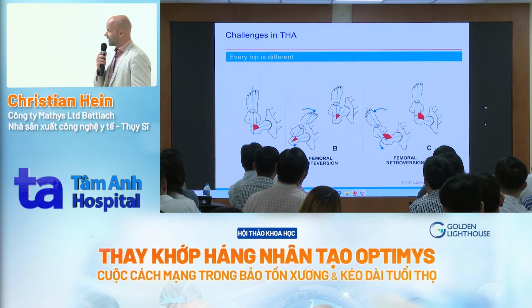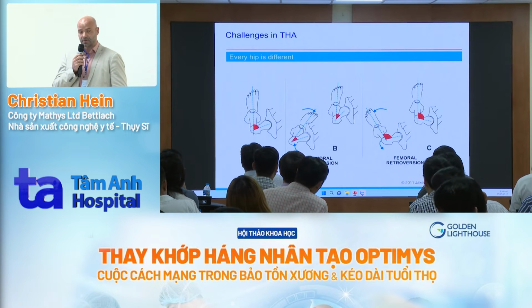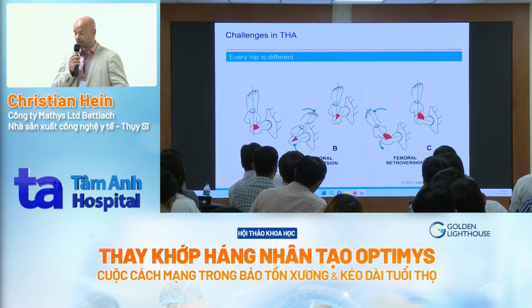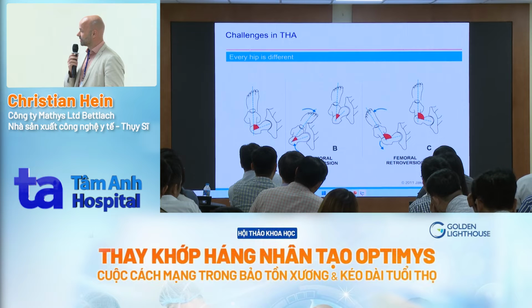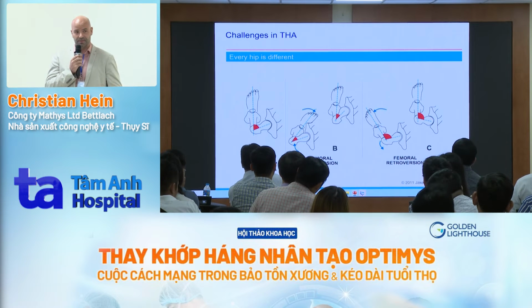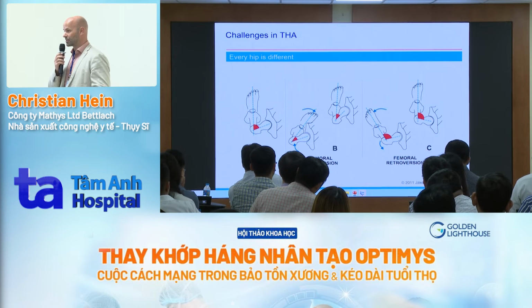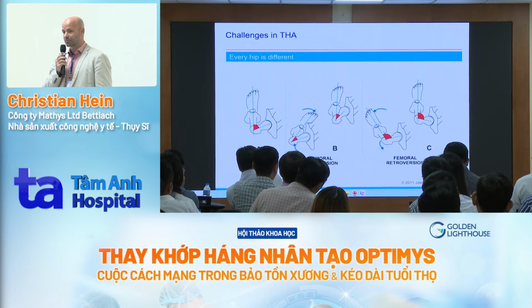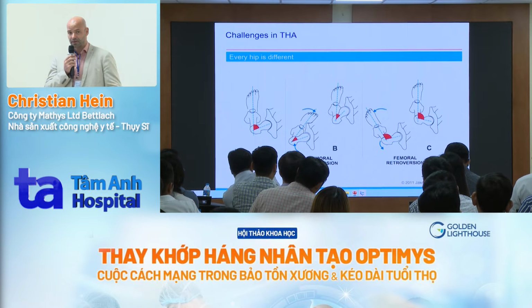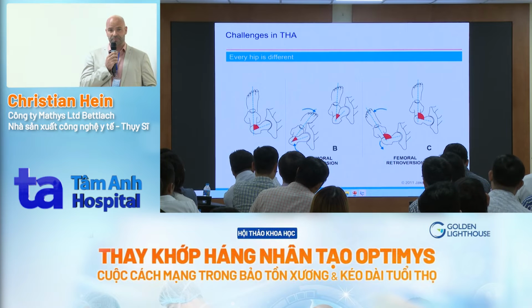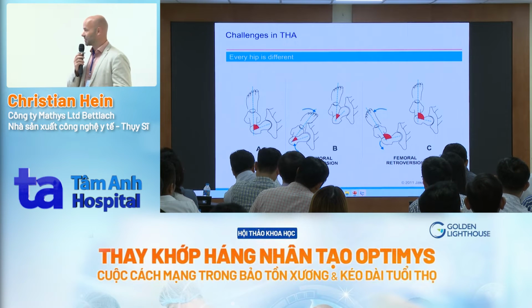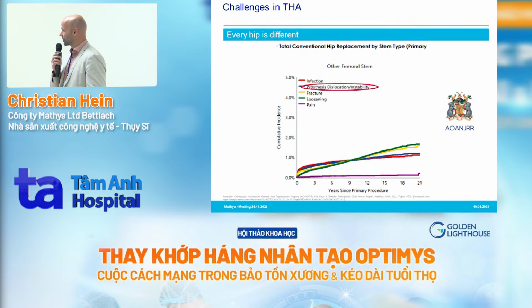Taking the other thought in our mind, how does the femoral anteversion look? Even there, every patient is different. How can we reconstruct femoral anteversion? This is different for every patient, so no patient will have the same anteversion as before.